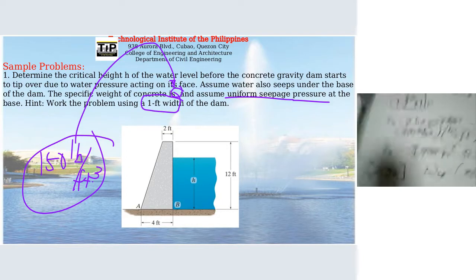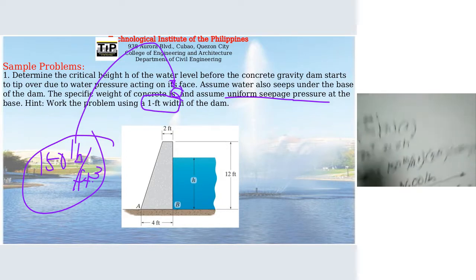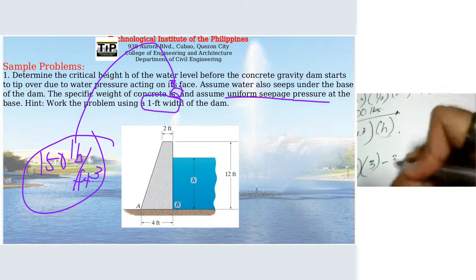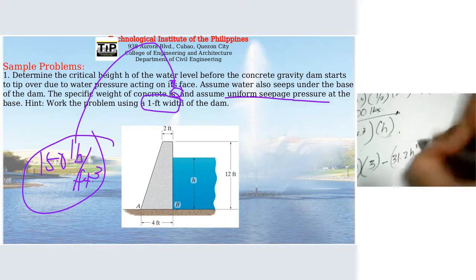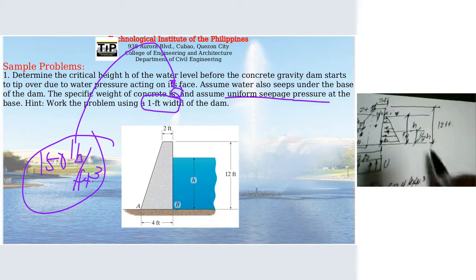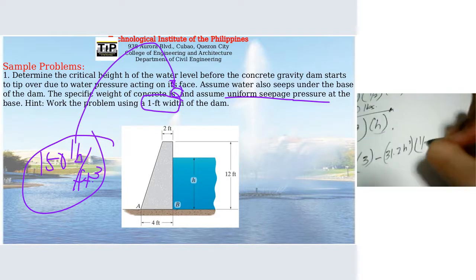So, what's the value of F sub H? It's 31.2 h squared. Multiply this by the moment arm, 1/3 times height.